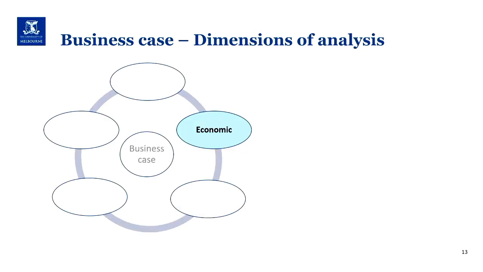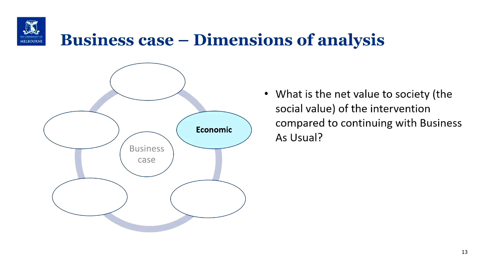And for this part of the lecture, we are going to focus on the economic and financial analysis. So we need to answer this question: what is the net value to society, or the social value, of the intervention compared to continuing with business as usual? We are going to talk about the business as usual case. It is similar to what I was telling you.